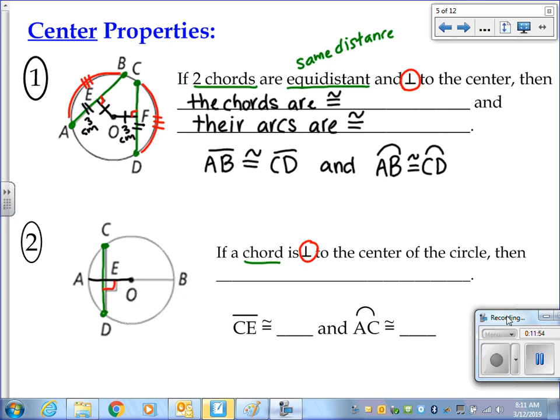Anytime you have this scenario, then we're going to be able to say the chord gets bisected. And in case you don't remember, bisected means split in half.